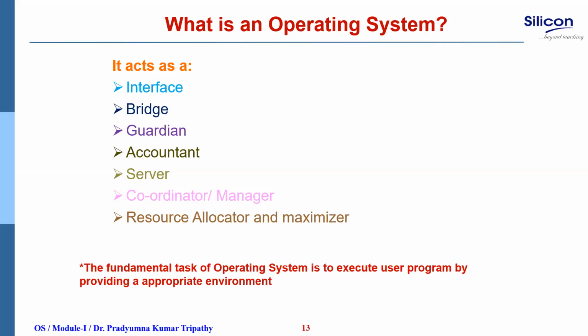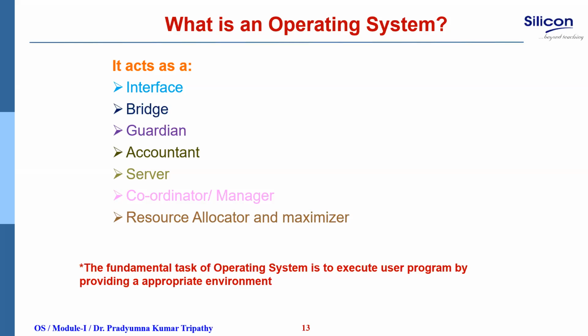So the operating system acts as an interface over here. Another kind, the operating system also acts as a bridge. What does the bridge connect? It connects the hardware with the software, the application that the user is running.